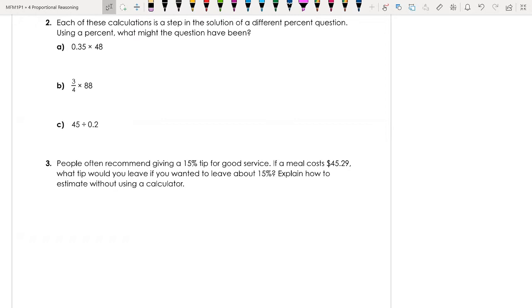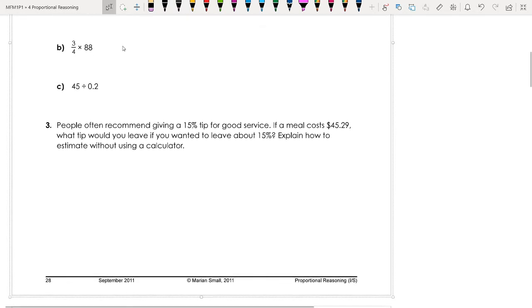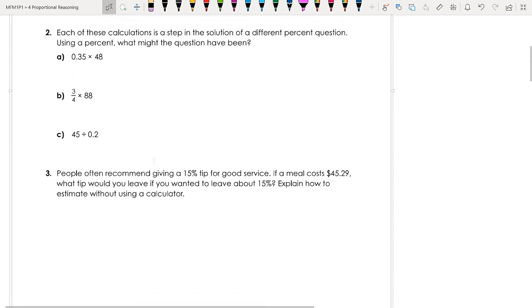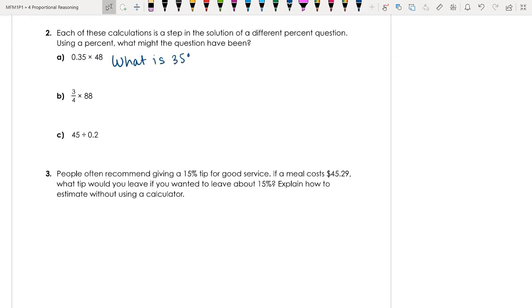So in what case do we multiply the rate by something? Well, we multiply the rate by the base in order to find the amount. So this would be a question like, for example, what is 35% of 48?